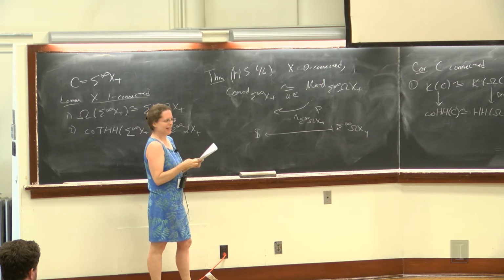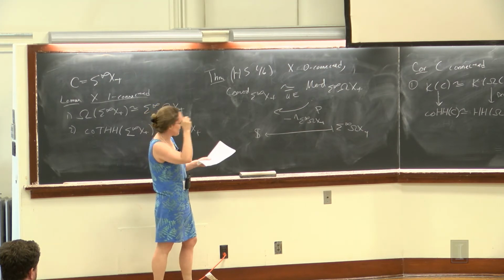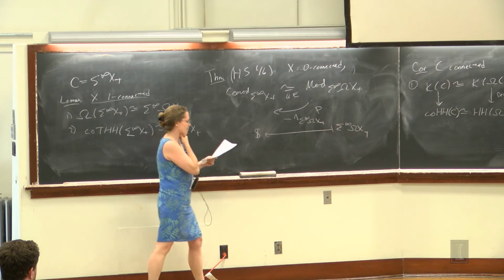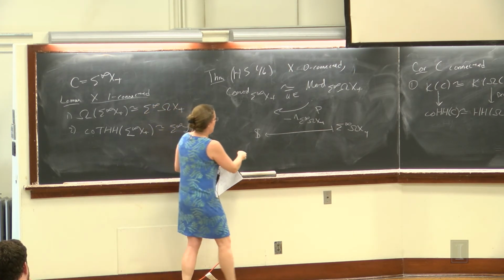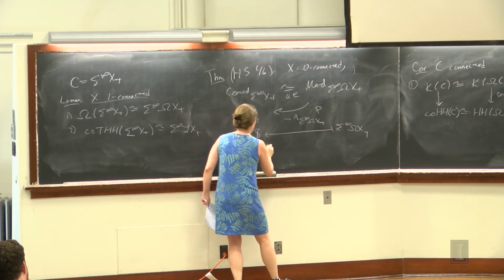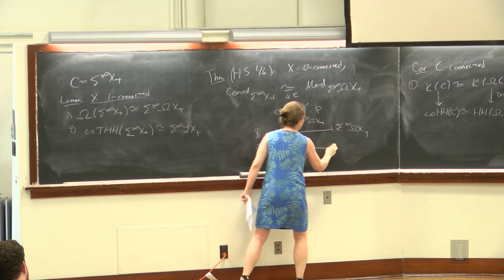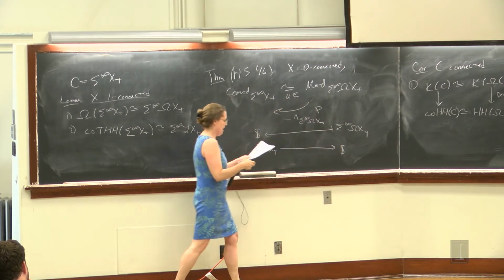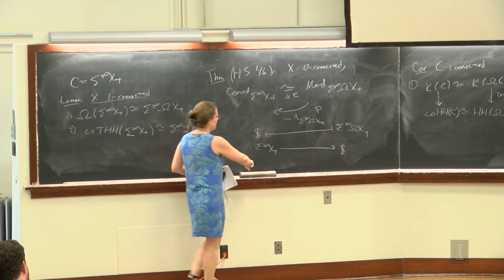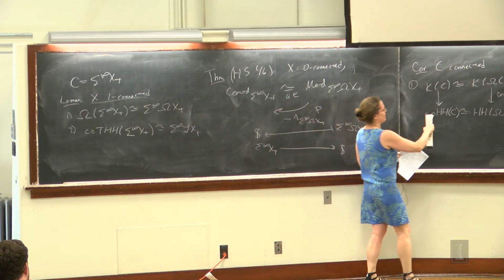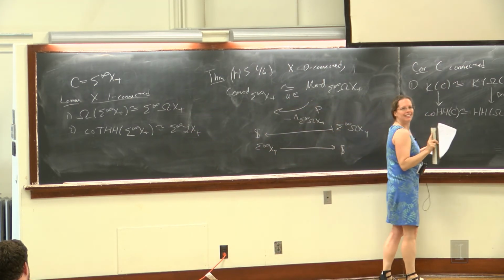OK, I don't know. Maybe that's not trivial. Sorry, it's the unit. There we go. It's the analog of the field K. And also, you can see that the suspension spectrum here is taken to the sphere on the other side. So we get similar results to these.